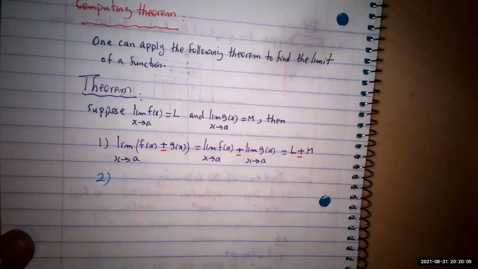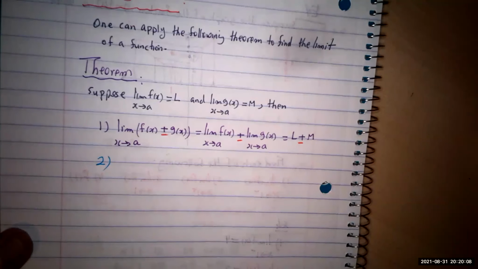Second one, product. First, if you multiply a function by a number, what is the limit of 5 times the function? Of course, it's 5 times the limit of the function.